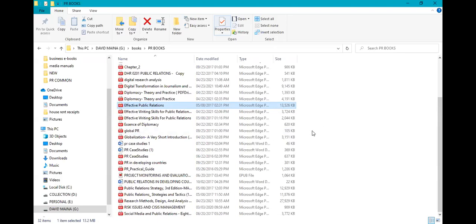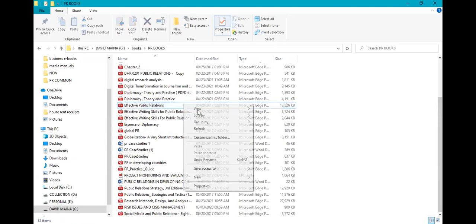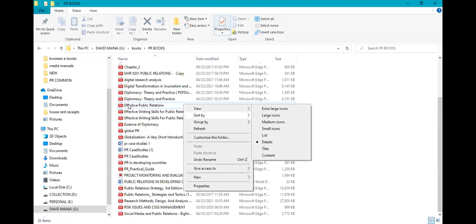Let me see whether it will open. This one has been written by Philip Henslowe. It's opening. Yeah, it has opened already.